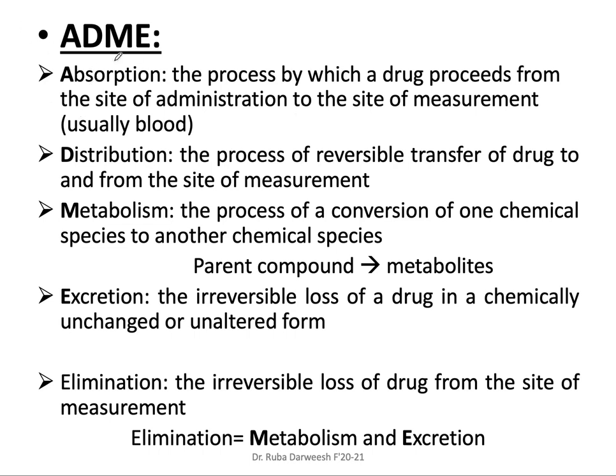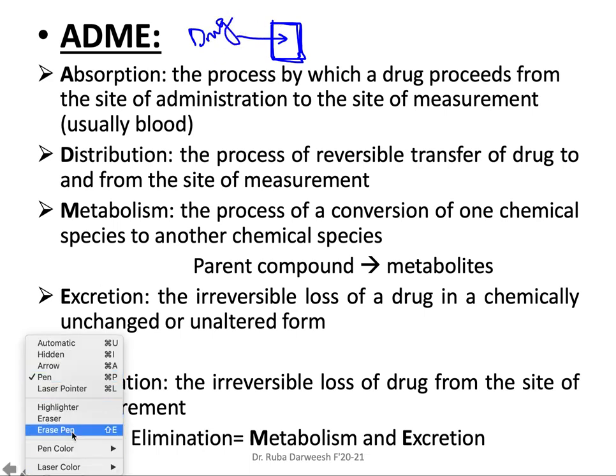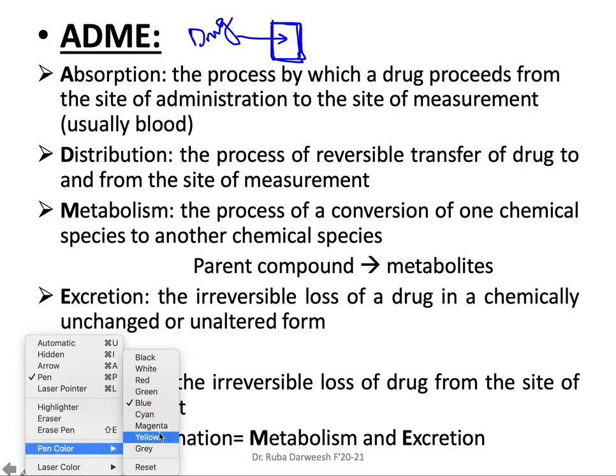When we are talking about absorption, we are talking about the process by which the drug, let's consider this the body of the human, it's just a sample of your body. If you are taking the drug by oral route of administration, the drug needs to pass through different kinds of membranes, right?